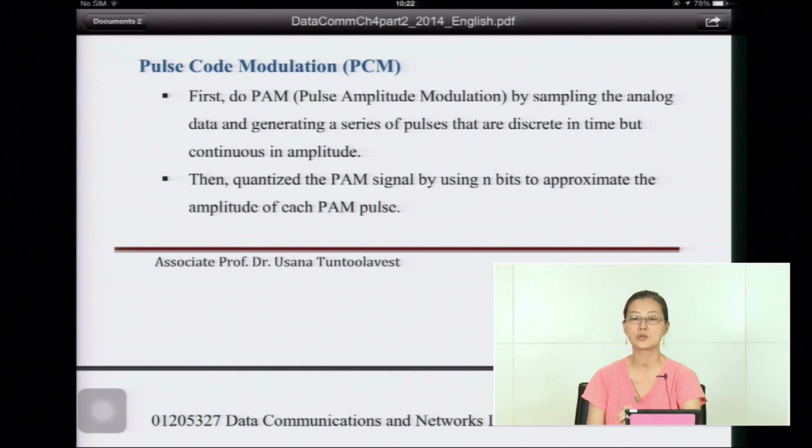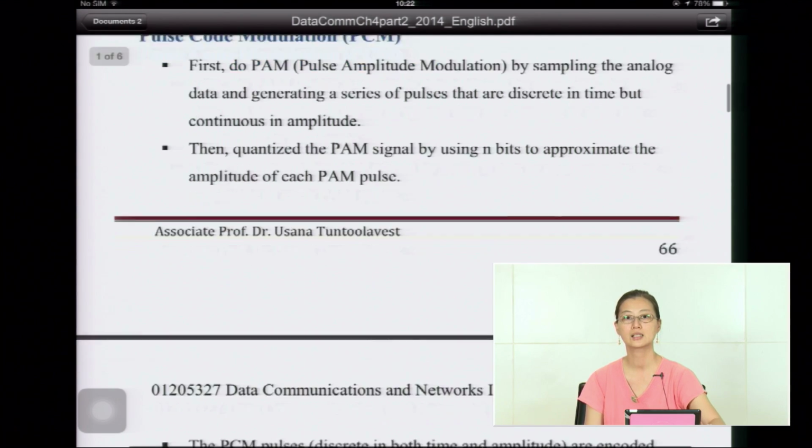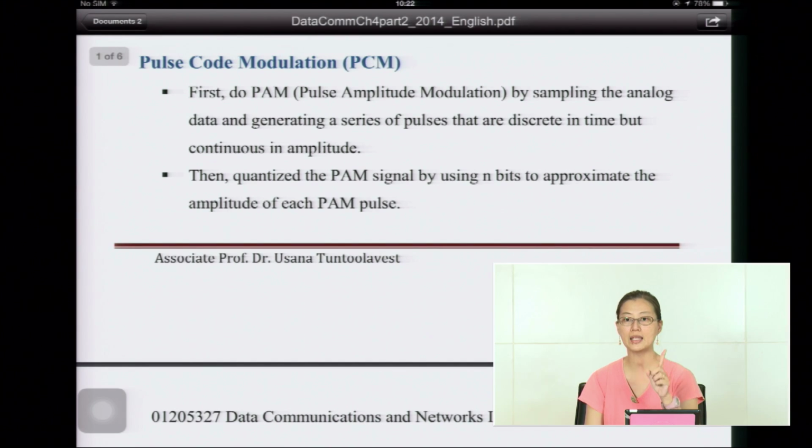After that you quantize the PAM signal to approximate. You can use n bits to approximate the amplitude of each PAM pulse. So the first one, PAM, pulse amplitude modulation, is discrete in time but continuous in amplitude.